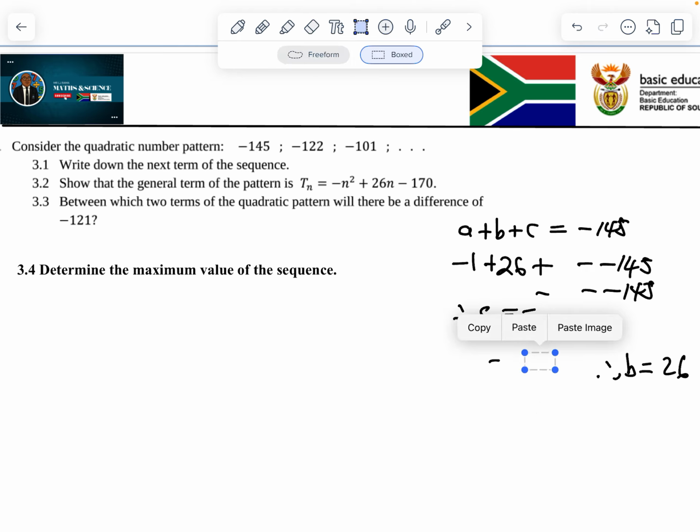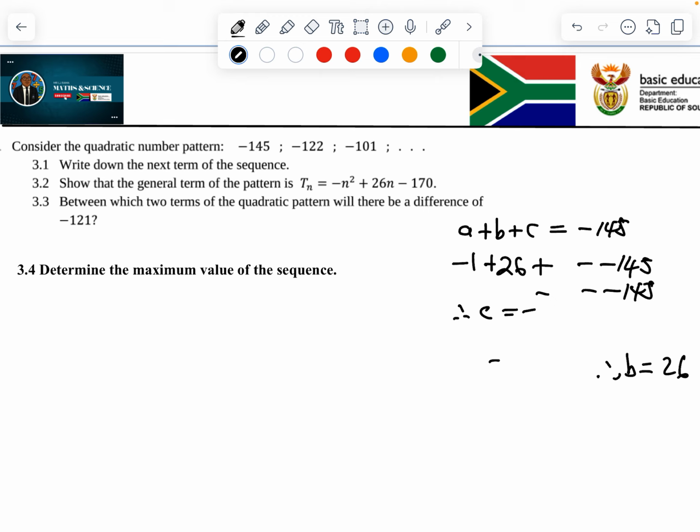Now with 3.3, they're asking between which two terms, or between which two consecutive terms of the quadratic pattern, will there be a difference of 121.